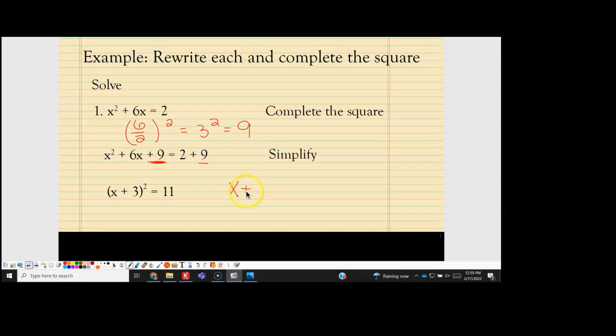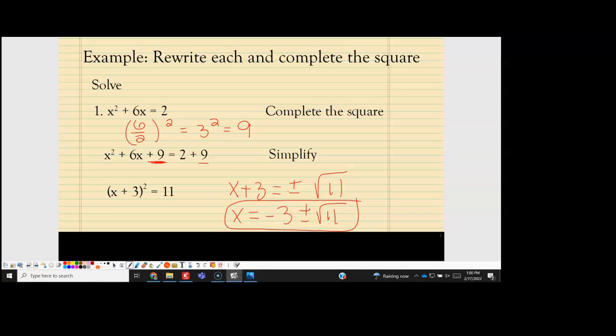So you get x plus 3 equals, and this is where you have to be careful, plus or minus root 11. Because when you take a square root of a number, it's the positive or the negative. When you have a square root, you just follow what it is. So that gives x equals negative 3 plus or minus root 11.